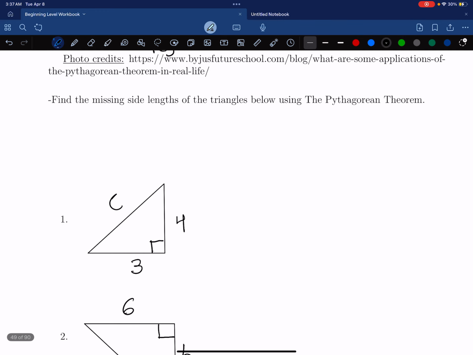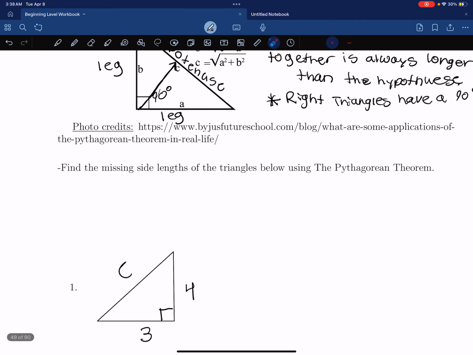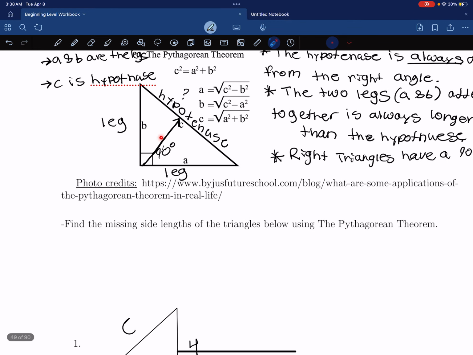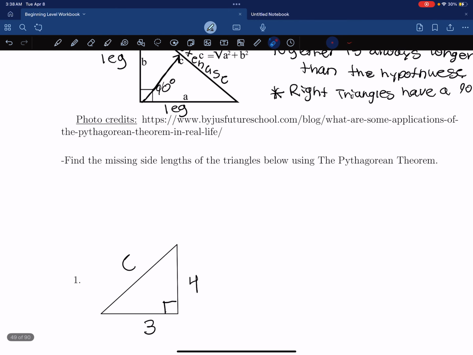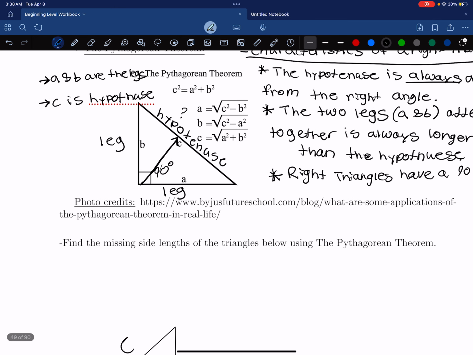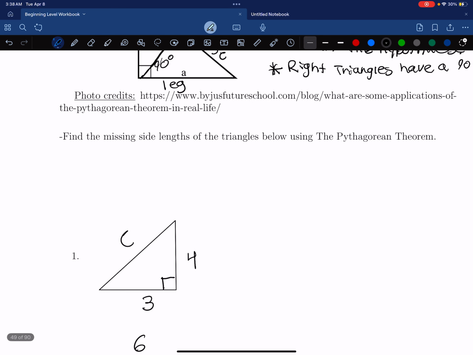So to do that, we are going to use these formulas here, these fancy formulas. So in this video, I already have the side lengths labeled for us, but I'm going to talk us through the process as if this C was not here. So remember, we said that C is the hypotenuse of the triangle, and that the hypotenuse is always across from the right angle.